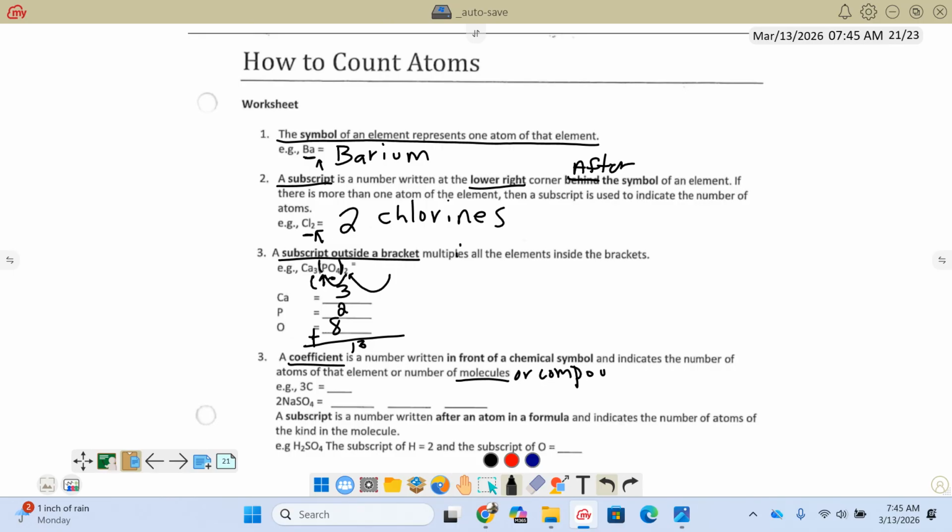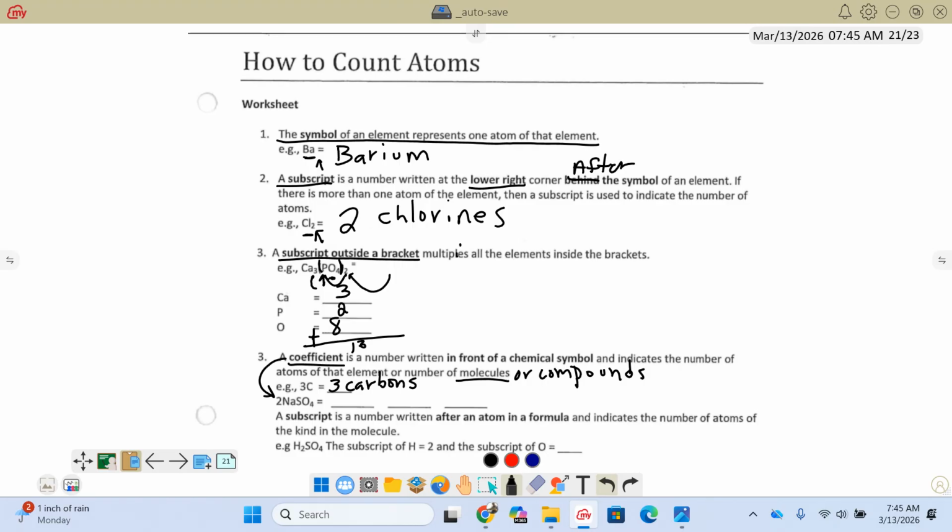So you need to think of a compound as one item. In this particular example, we have 3C, the coefficient is 3, and that makes 3 carbons. That's just a single element. But in the case of sodium sulfate, our coefficient is 2. That means we have 2 sodium sulfate molecules.